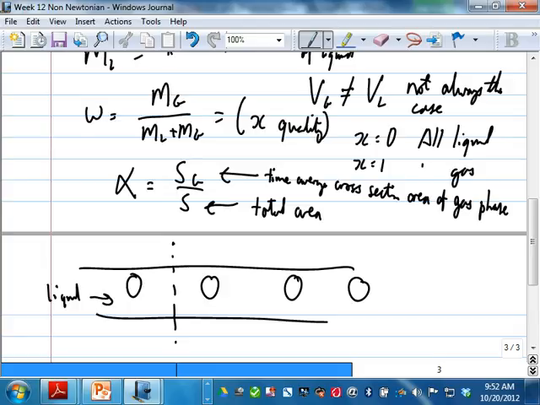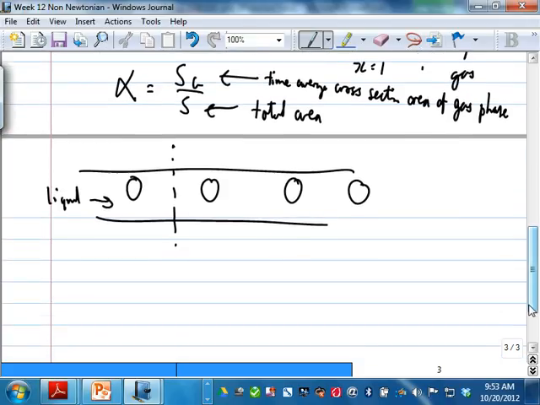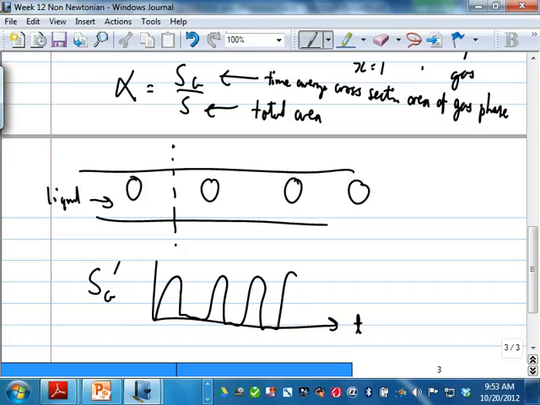Because if I base it on this one here, the area S gas, maybe the instantaneous one, if I plot versus time, every time a gas passes, maybe this is S total. This is S, S is the total area. Every time a gas bubble passes, it will detect something.